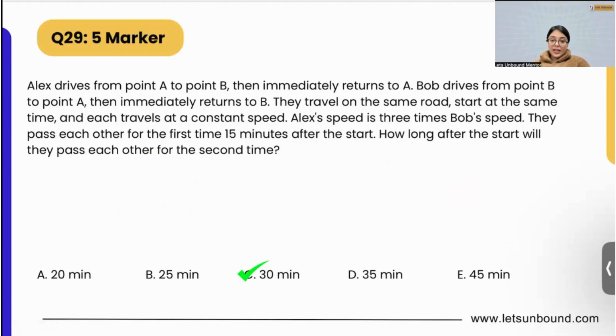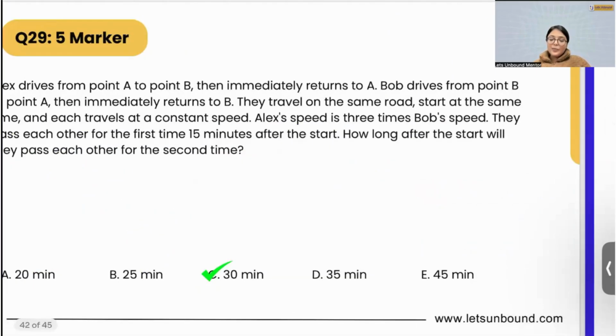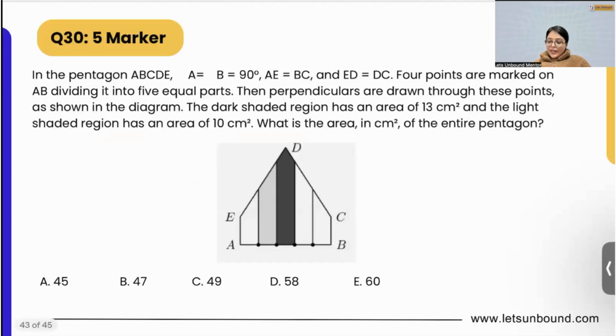Now coming to our last question, which is very important, and question number 30 is here. It says in the pentagon ABCDE, A and B are equal to 90 degrees. Okay, so I can just put a symbol for 90 degrees.